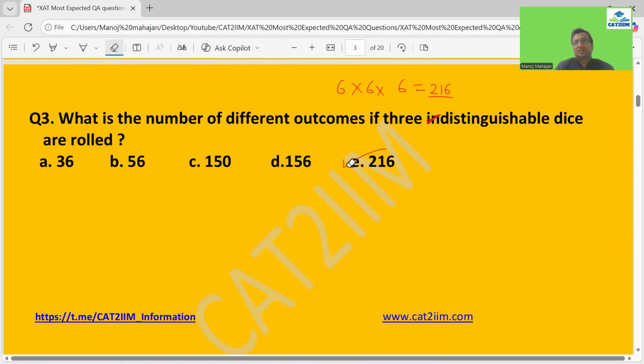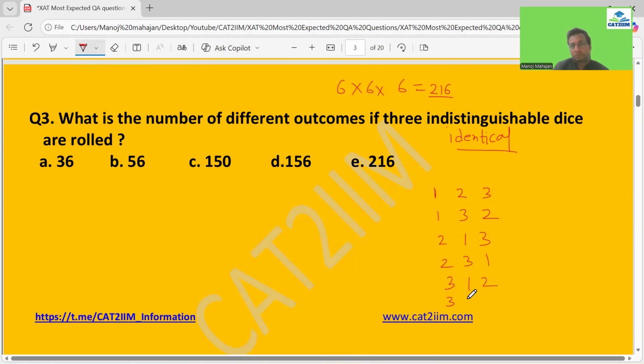But now it has become a little difficult because the dice are identical. What is the difference between the two? See, let's say in the case of distinct dice, you get on the dice first number 1, then 2, then number 3. So when you have distinct, this would be counted again as 1, 3, 2, 2, 1, 3, 2, 3, 1, 3, 1, 2, 3, 2, 1.